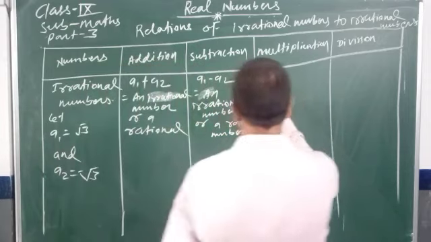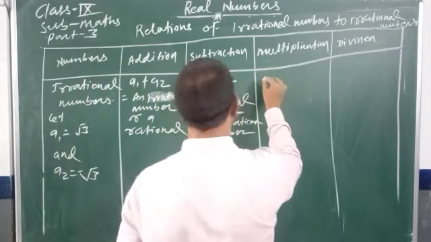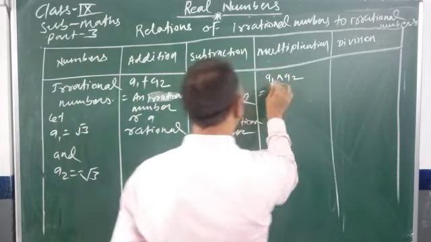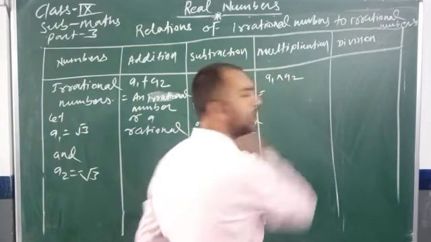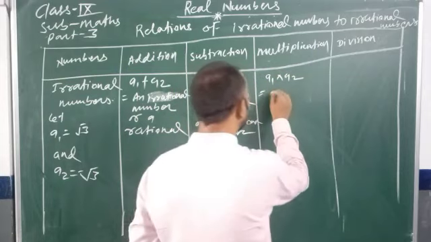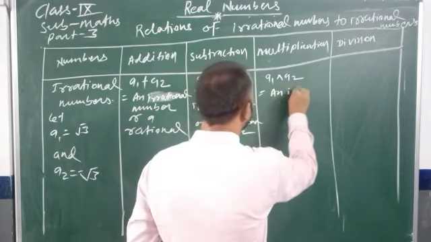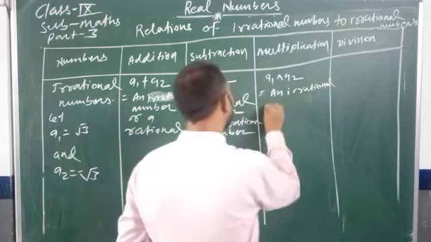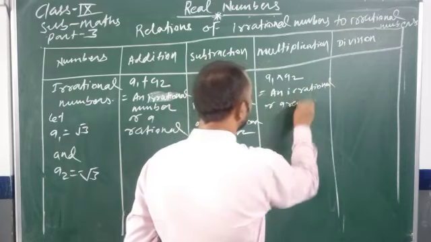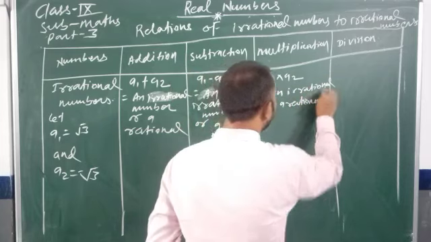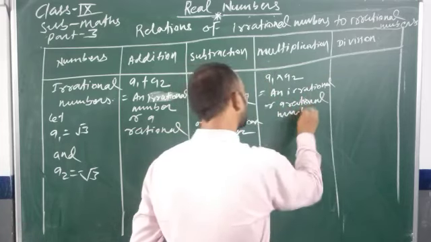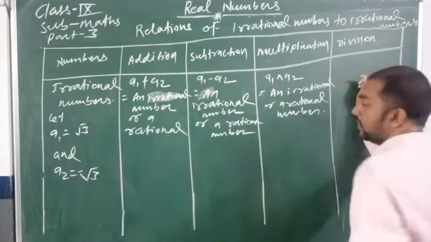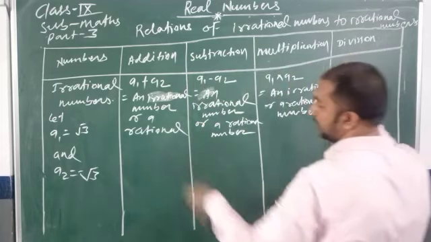Now the third operation is multiplication. Here we can write that a1 multiplied by a2 is an irrational number multiplied by another irrational number. So the result will be an irrational number or a rational number. And the last operation is division.